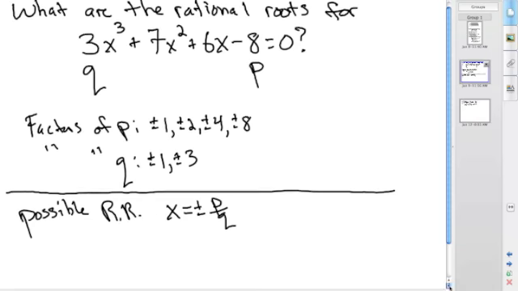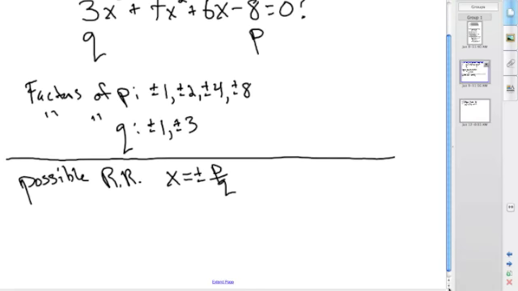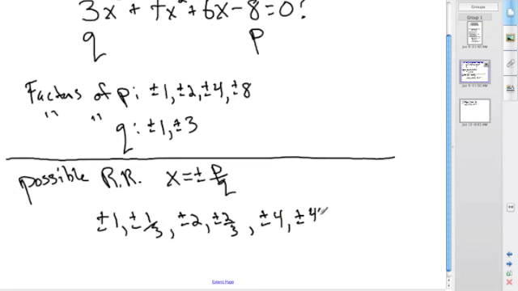So, let's find all possible p over q. So we can have plus or minus 1, plus or minus 1/3, plus or minus 2, plus or minus 2/3, plus or minus 4, plus or minus 4/3, plus or minus 8, plus or minus 8/3.